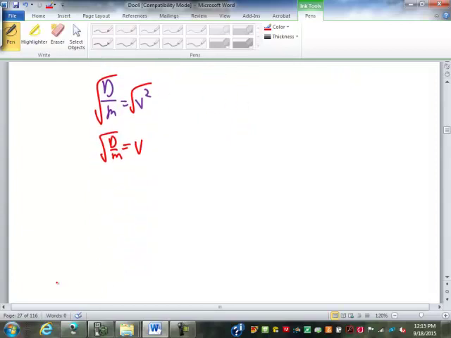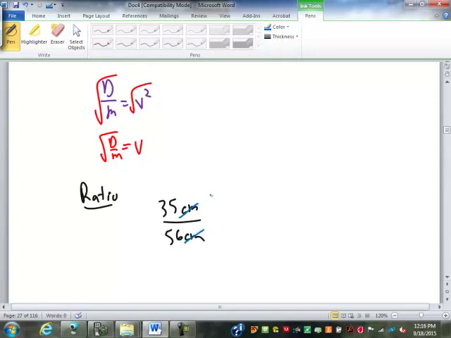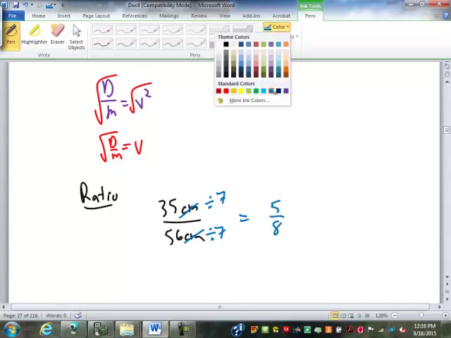We'll have basic ratios and proportions, like from last week. You might have to reduce 35 centimeters compared to 56 centimeters. First thing is the centimeters would be gone, and both of those can be divided by 7, which would give us a 5 to 8 ratio.